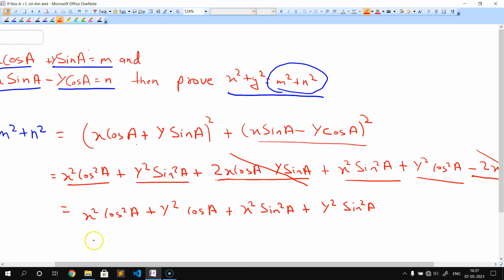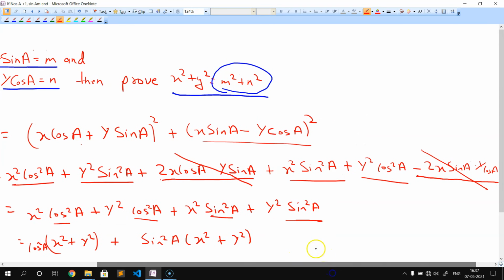So if we take common cos square a from here, it will become (x square plus y square) cos square a plus sin square a (x square plus y square).